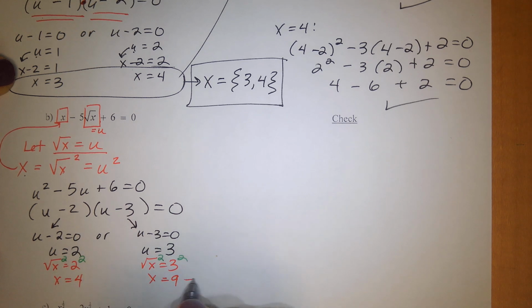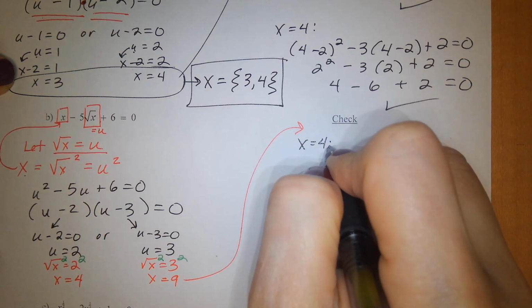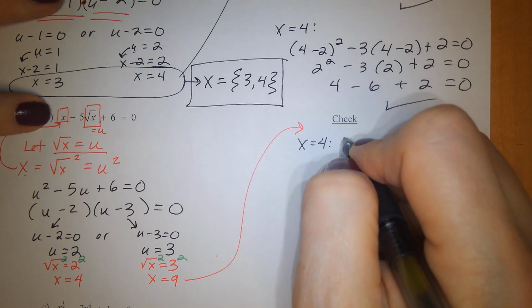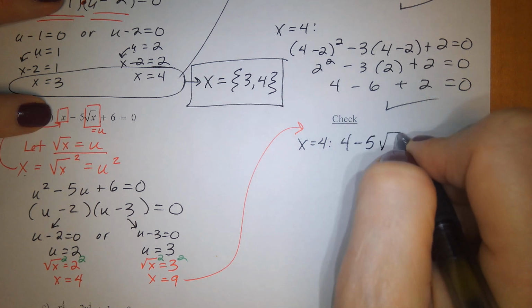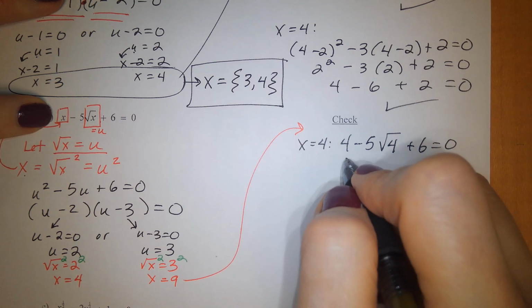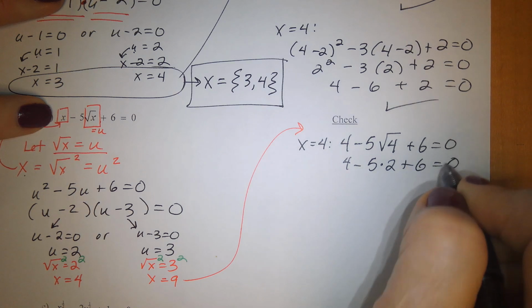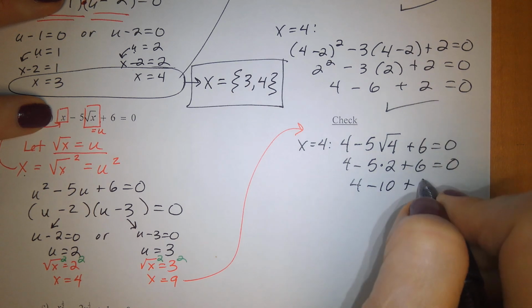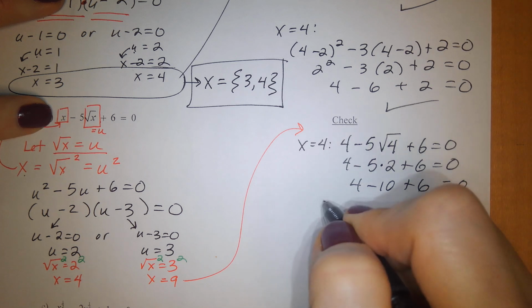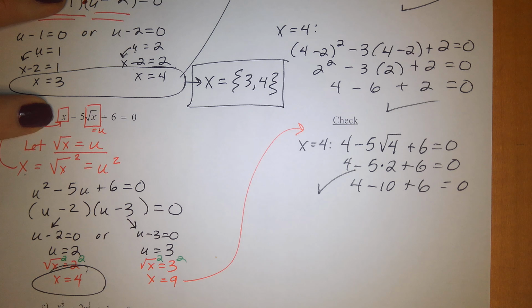Now, of course, we always check both of those solutions to make sure that they work. So let's check when x is 4. Is in fact 4 minus 5 square root of 4 plus 6 equal to 0? Well, let's see. 4 minus 5 times 2 plus 6. 4 minus 10 plus 6. Yes, so this answer does check out. Let's also check x is 9.